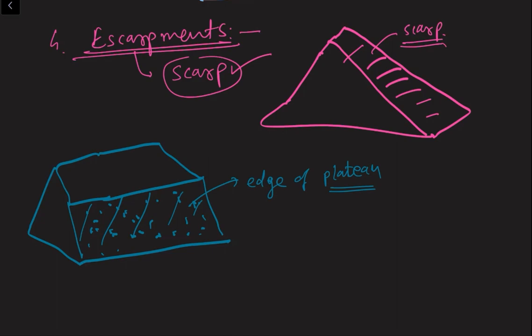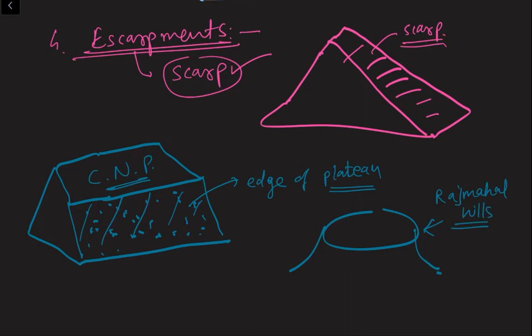For example, suppose this is Chota Nagpur plateau. Now, Chota Nagpur plateau has its edges here. Here we have Raj Mahal hill. And on this side, that is the southern side of it, we have Garjat hill.